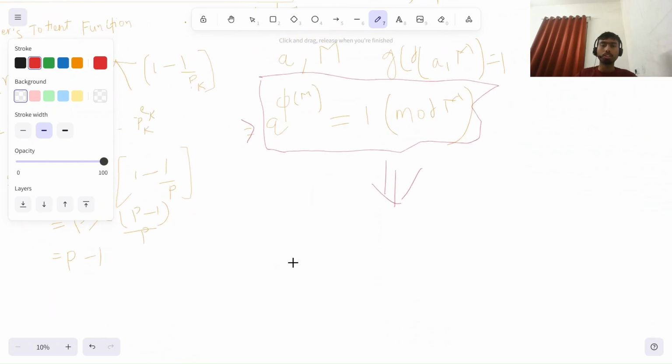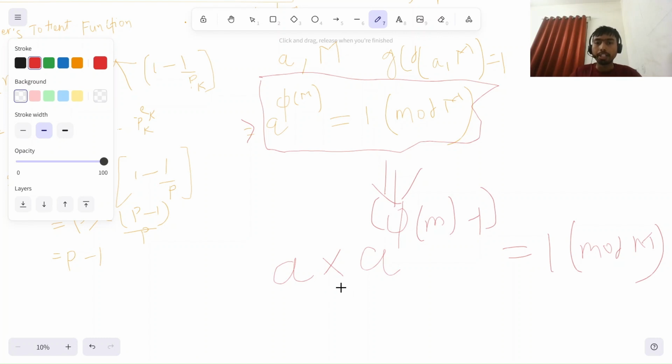It is going to be a multiplied by a to the power phi of m minus 1 is equal to 1 modulo m. This equation is the same as the above equation; I just split it.